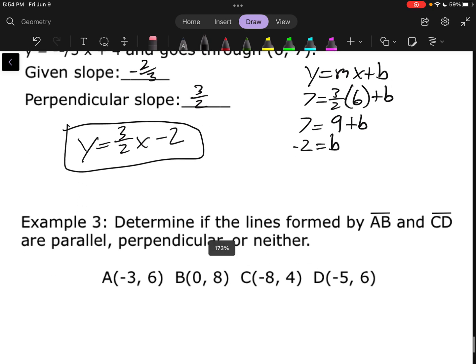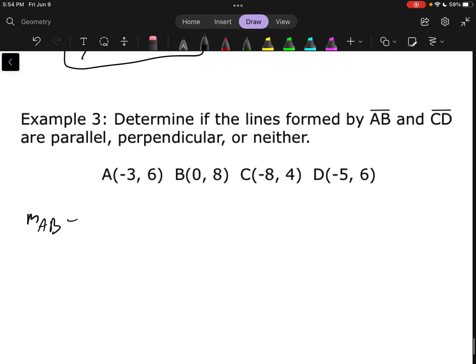Then our last one, we want to check out the slopes of AB and CD. For the slope of AB, we should have done 8 minus 6 over 0 minus -3, which would be 0 plus 3. 8 minus 6 is 2. 0 plus 3 is 3.